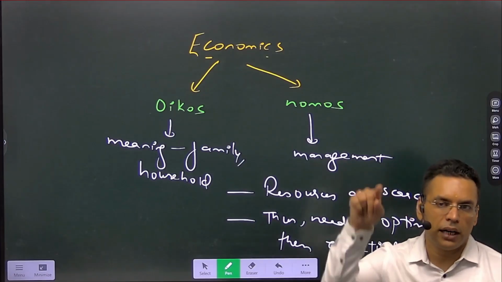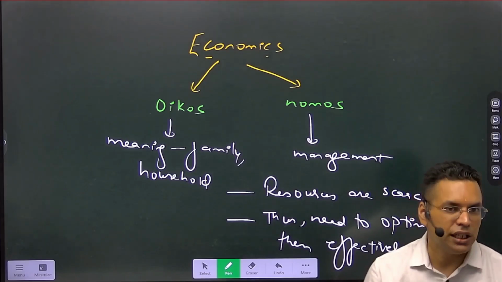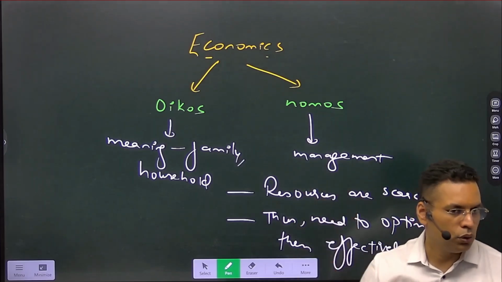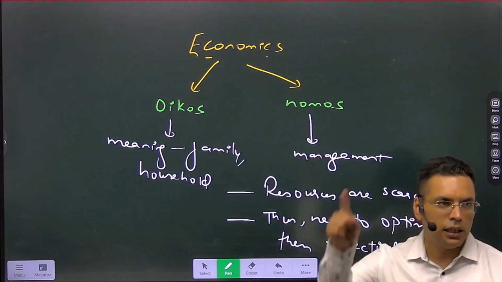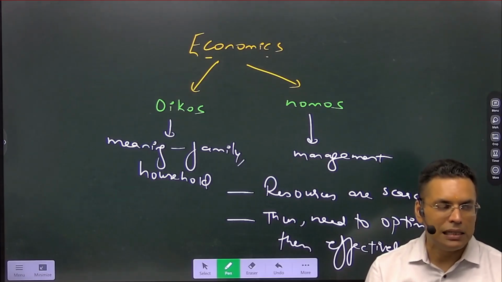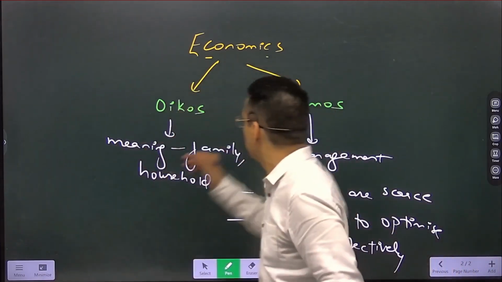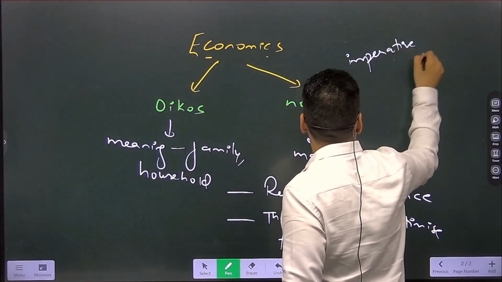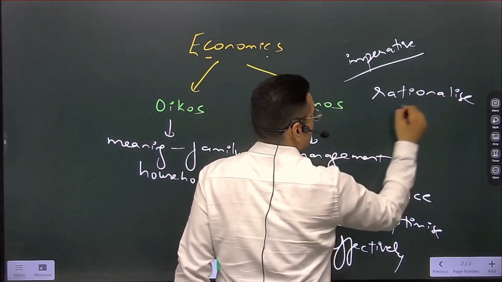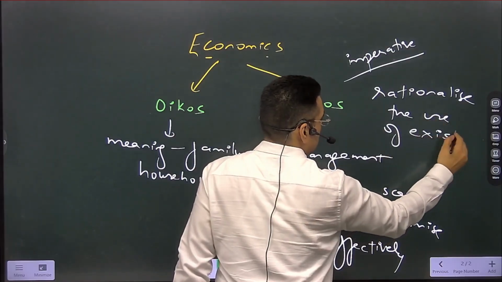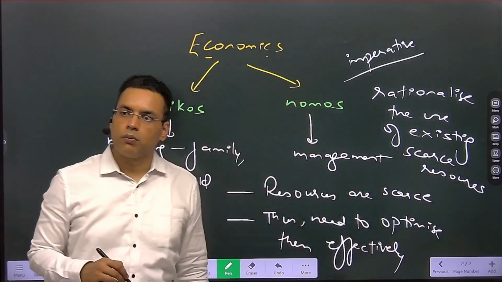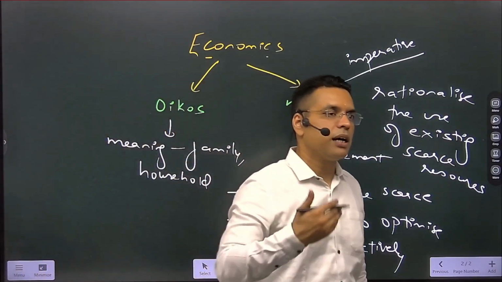Next line, write down: as an economic agent, in bracket, those who take economic decisions, it is imperative to rationalize the use of existing scarce resources and maximize human happiness.